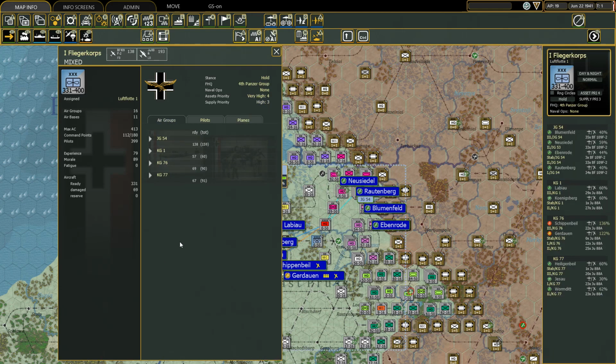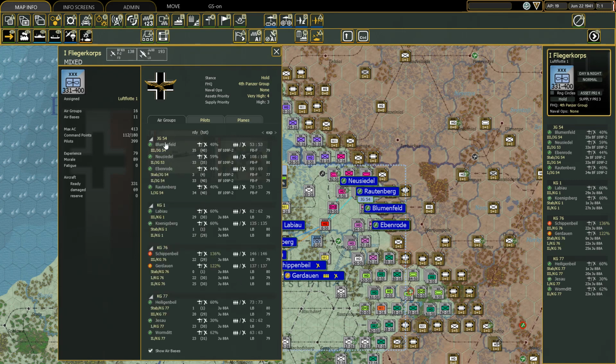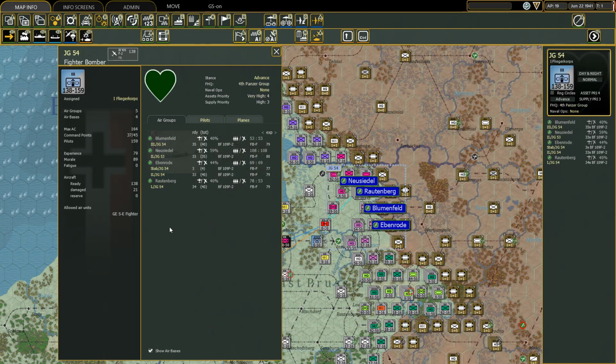If you select the core level AOG, you see basically the very same thing. And if you go down to the divisional level AOG, you can see actually the air group units.